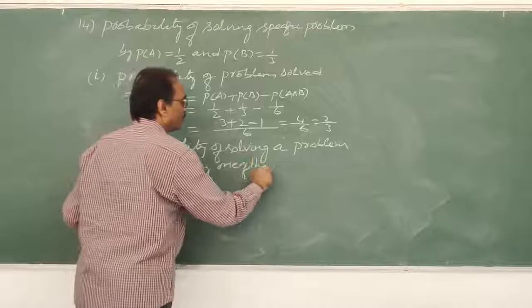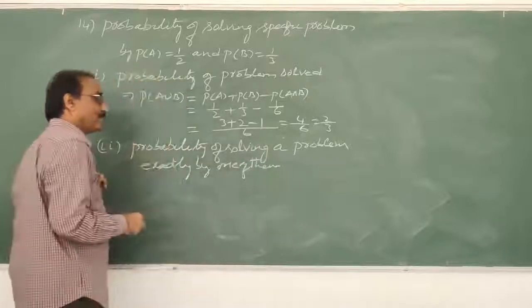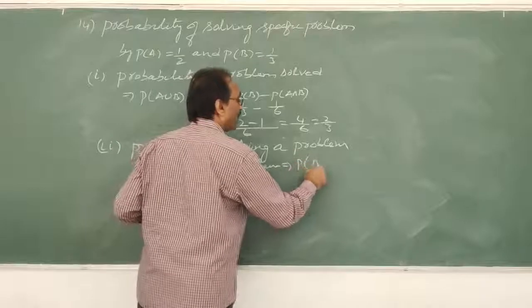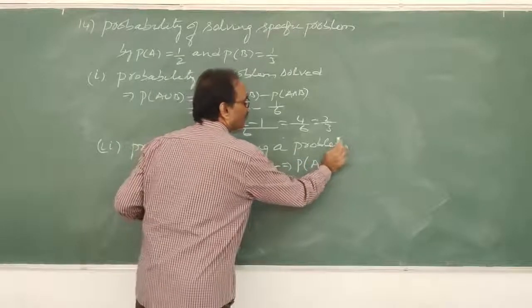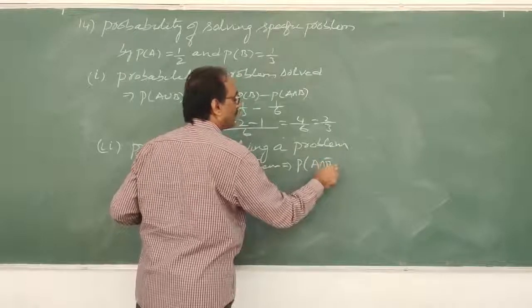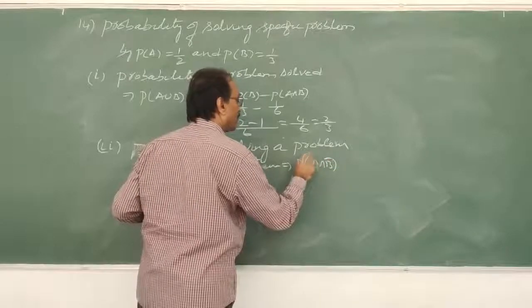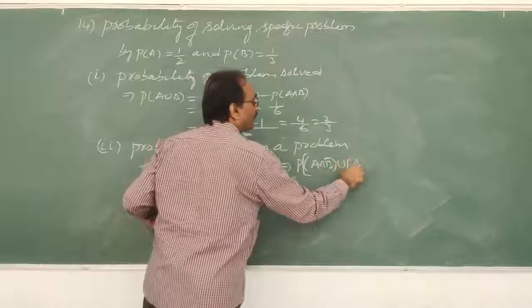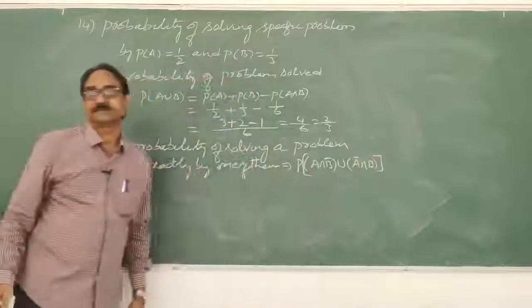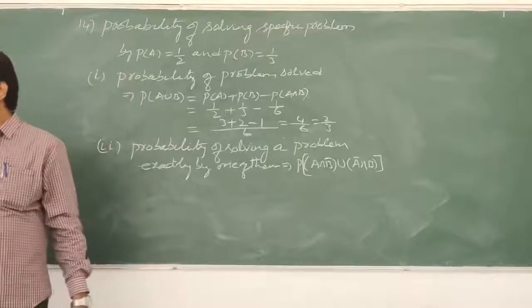Okay, no problem. What does exactly by one of them mean? Theoretically, P of A intersection B complement union A complement intersection B. That is the meaning.